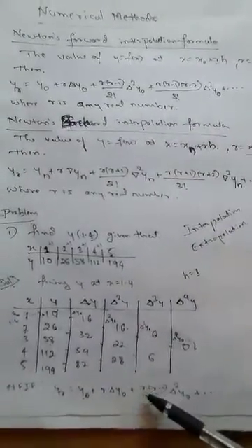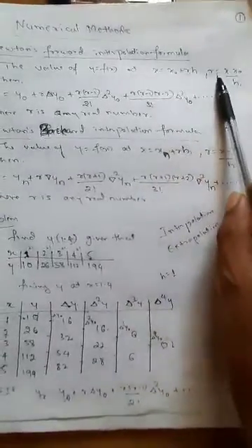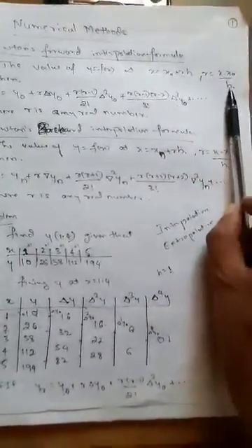To find the r value we use r equals x minus x naught divided by h.